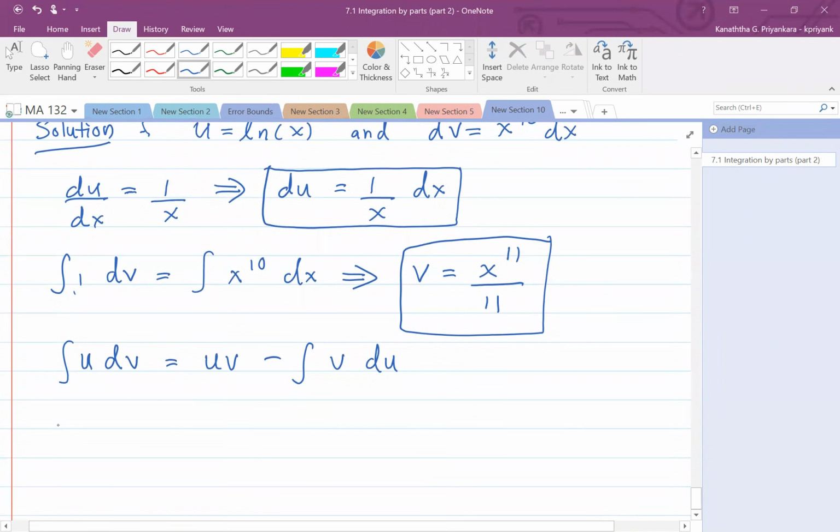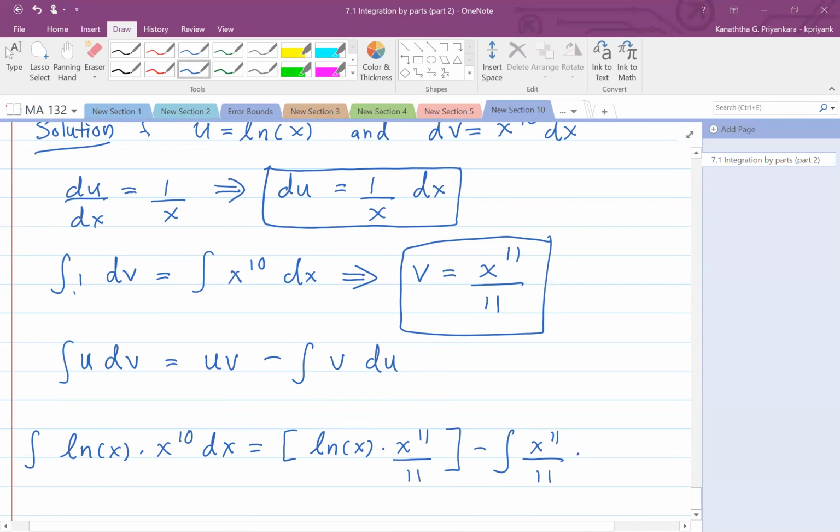In this case, u is ln of x times dv, which is x to the power 10 dx, equals u, which is ln of x, times v, that would be x to the power 11 over 11, minus the integral of v, which is x to the power 11 over 11, times du, that would be 1 over x dx.